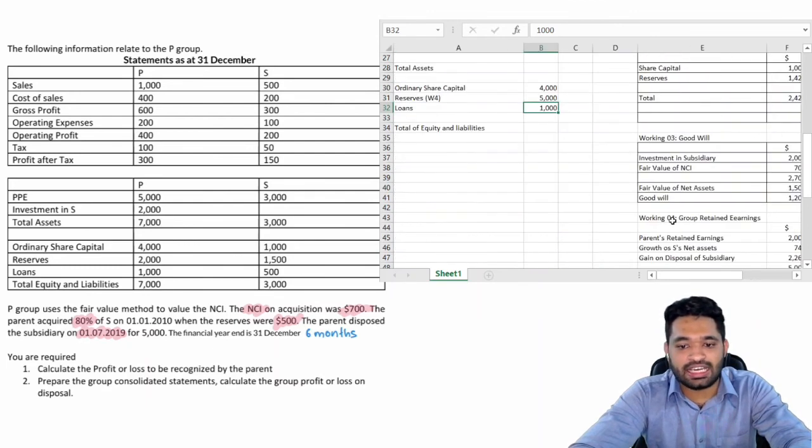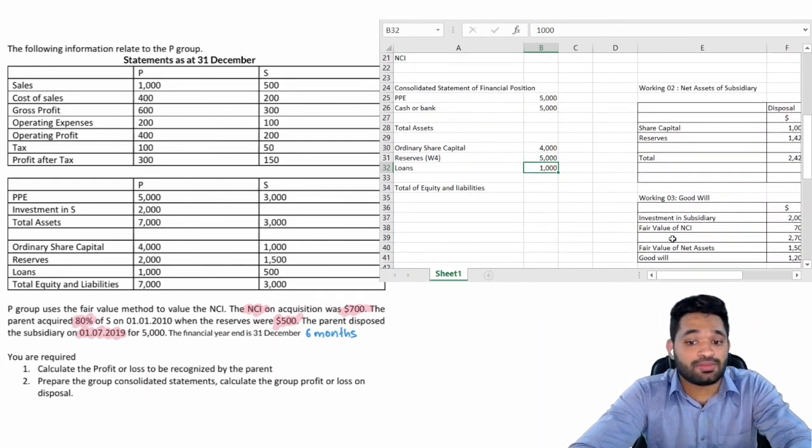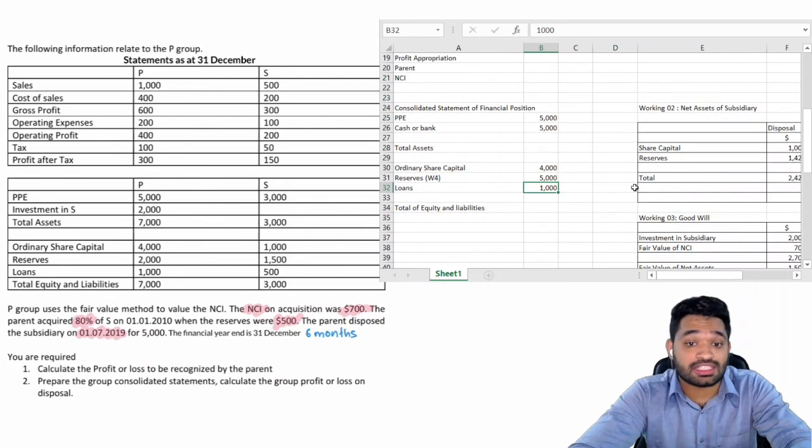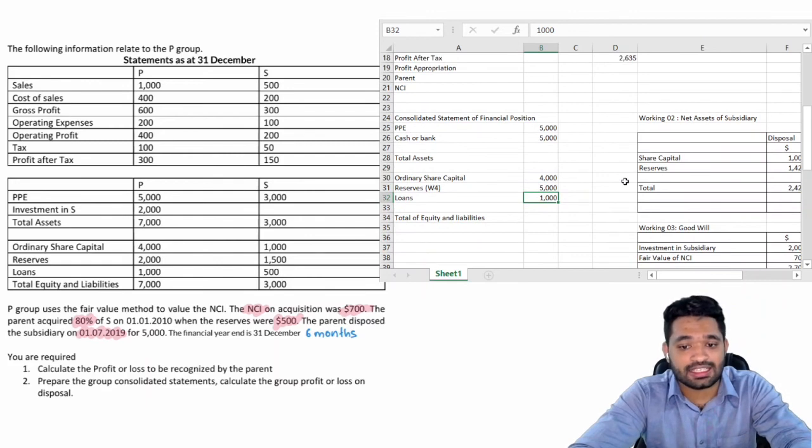Now the NCI will not be shown because the subsidiary has been sold, so we don't have the NCI anymore. So this is basically the end when it comes to the consolidated statement of financial position. So you can balance it up. The total of your assets is 10,000. The total equity and liability will also be 10,000.